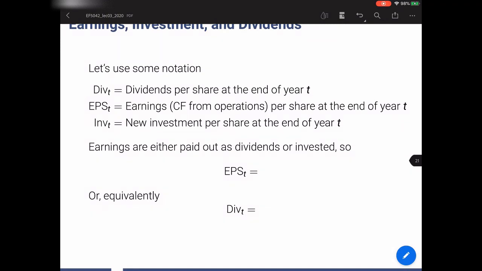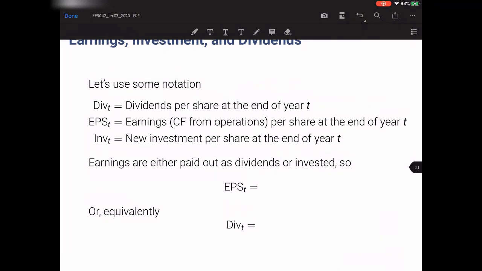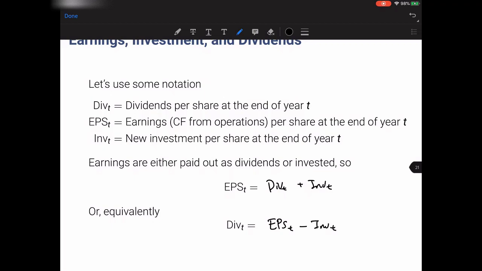You can think of EPS simply as dividends plus investments, or div T plus INV T. Or equivalently, if we want a formula for dividends, since we are working with the dividend discount model, we can rewrite dividends as EPS T minus INV T, or investment T.